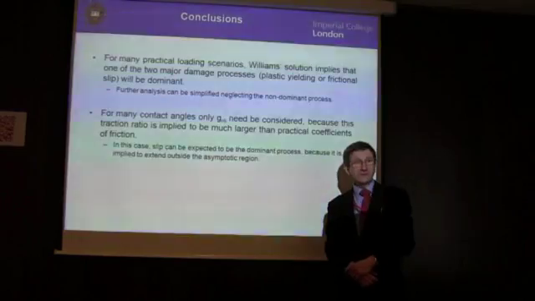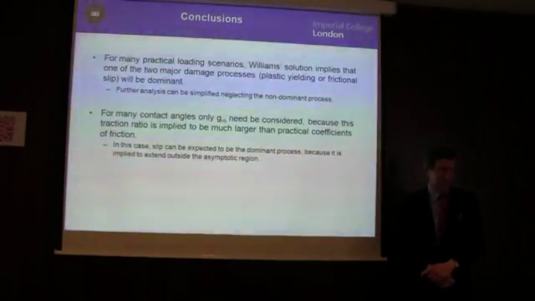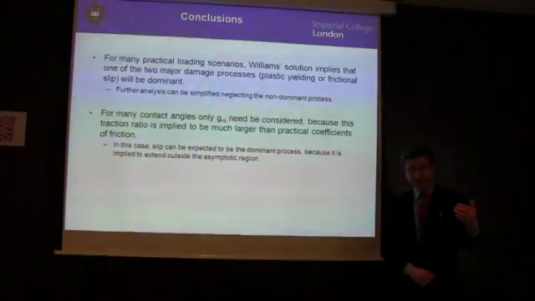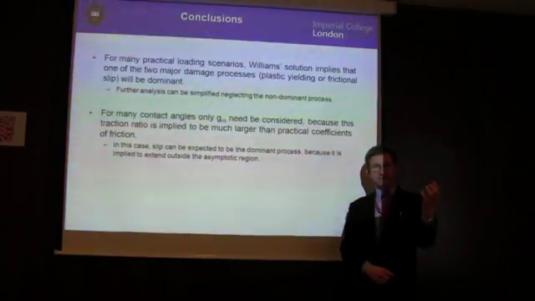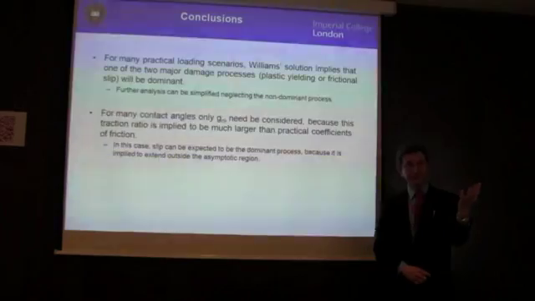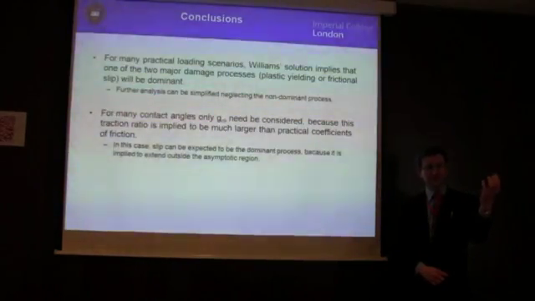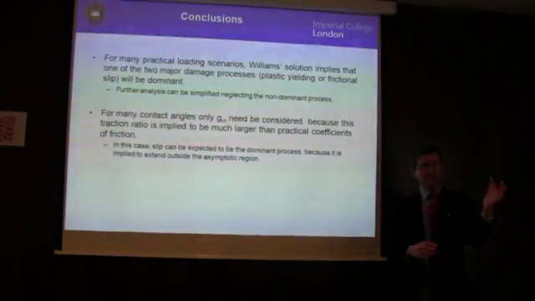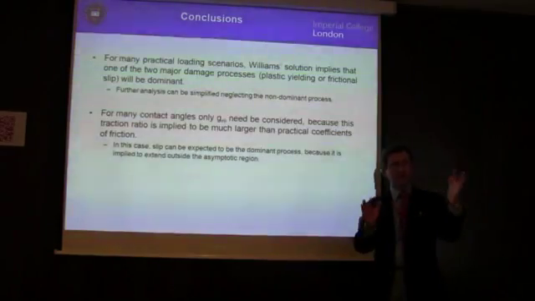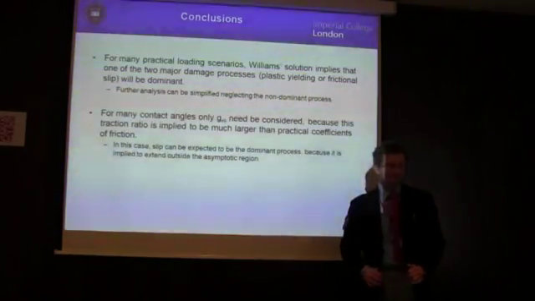You can say whether or not the local plasticity is mode 1 or mode 2 in character, and I want to emphasize that's a local feature of what happens within the neighborhood of the corner, and you can calculate that for different remote mode 1 and mode 2 loading.